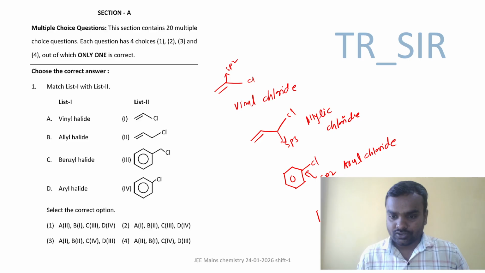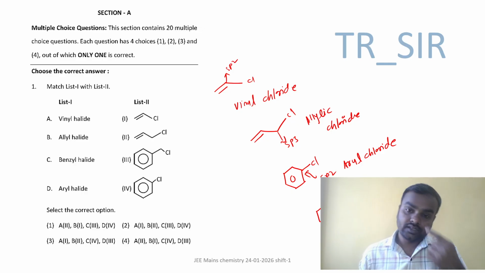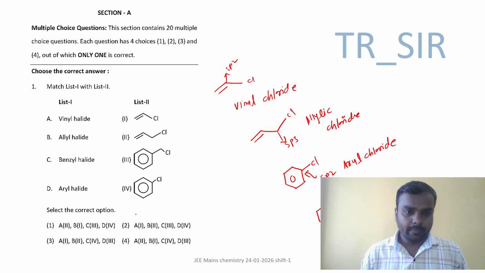If in the case of aromatic, halogen is connected to sp3 carbon, that will be benzyl chloride. So what are the options we have?